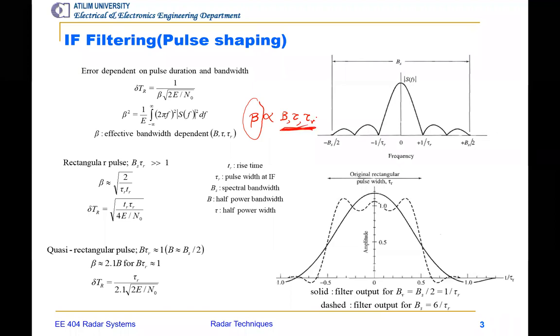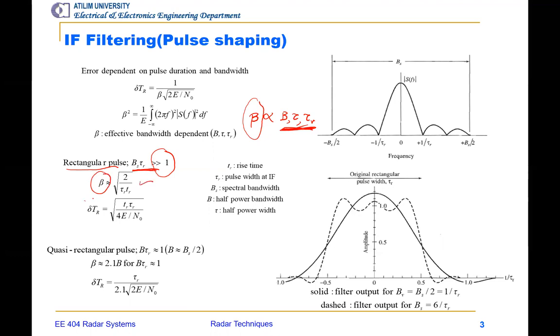For a rectangular pulse, let's take B_S, which is the spectral bandwidth of the IF stage, times tau_r, which is the pulse width at IF stage, is much greater than 1. So this is perfectly rectangular. Usually it's not possible, of course, to get this, but beta can be written in this form.